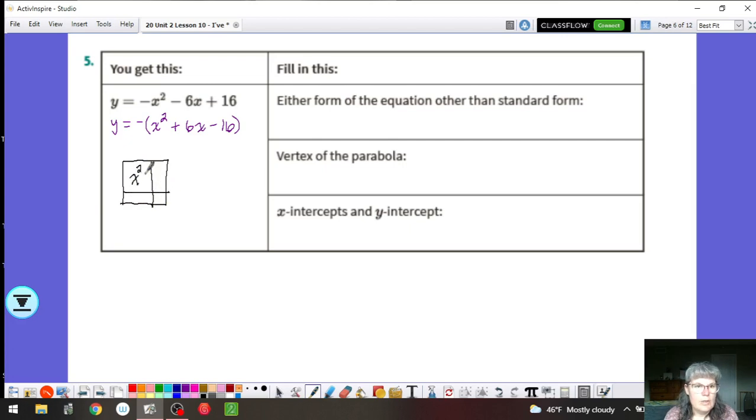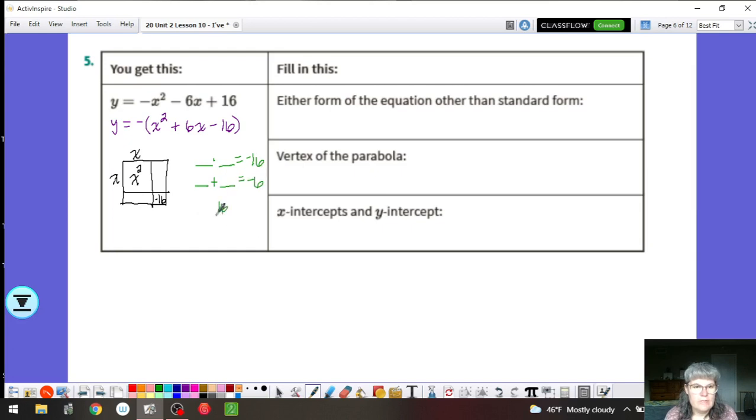Place my x squared and my minus 16 in it, and I know to get x squared that's going to be x times x. Because I now have a leading coefficient of 1 on that x squared, and 1 times negative 16 is negative 16, I can look for what multiplies to give me negative 16 that is going to add to give me negative 6.